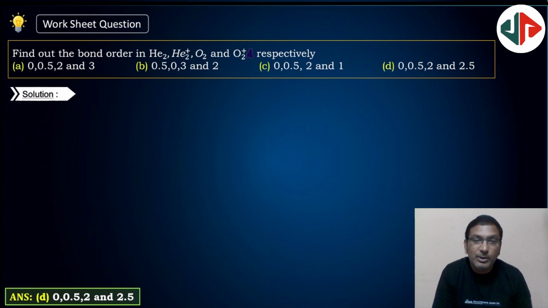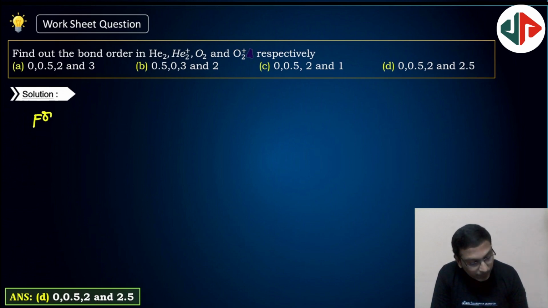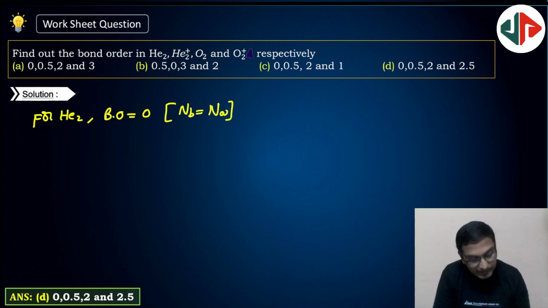So find out bond order in case of He2, He2 plus, O2 and O2 plus. So for He2, bond order equal to 0 because number of bonding electrons equal to number of anti-bonding electrons.